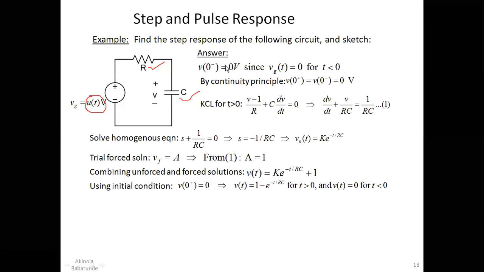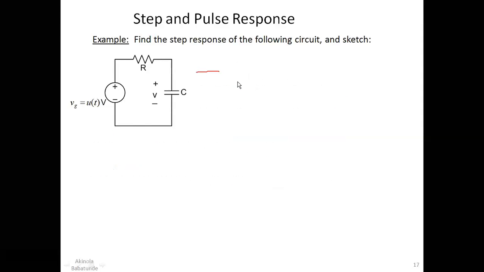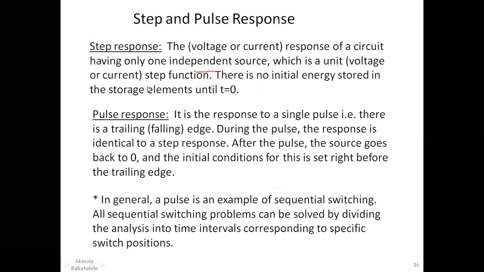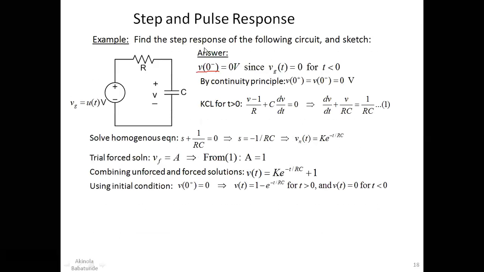Okay, now this is what you do here. First of all, we know right from the start that our V of 0 minus would be equal to 0. We said that because the storage element is only charged when t is equal to 0. Don't forget we said that. Let me take you back to the explanation I just gave. From this explanation, we said that there is no initial energy stored in the storage element until t equals 0. So before t equals 0, it simply means that V of 0 minus will be equal to 0 because there is no initial charge at all.